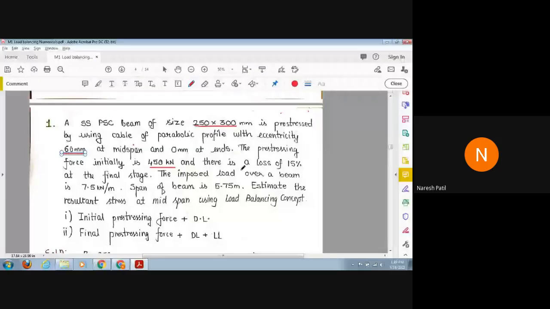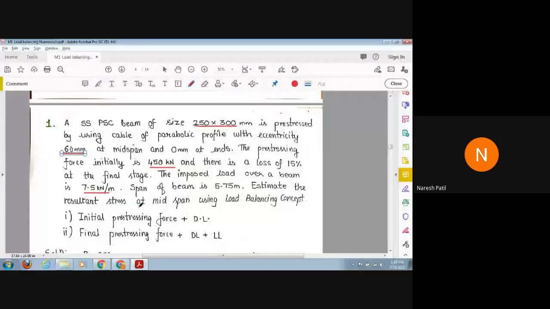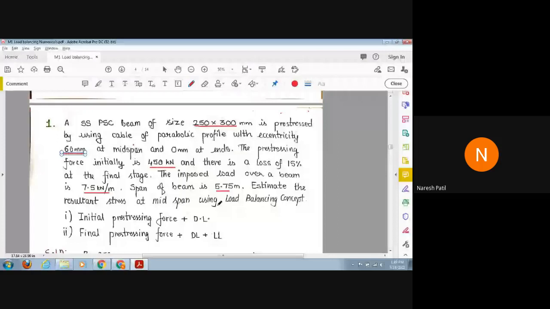That is, the final force will be 15% less than 450 kilonewton. The imposed load over the beam is 7.5 kilonewton per meter, and the span of the beam is 5.75 meter. Estimate the resultant stresses at midspan using the load balancing concept.